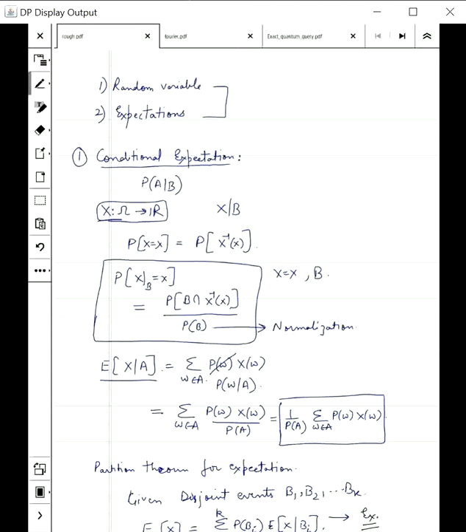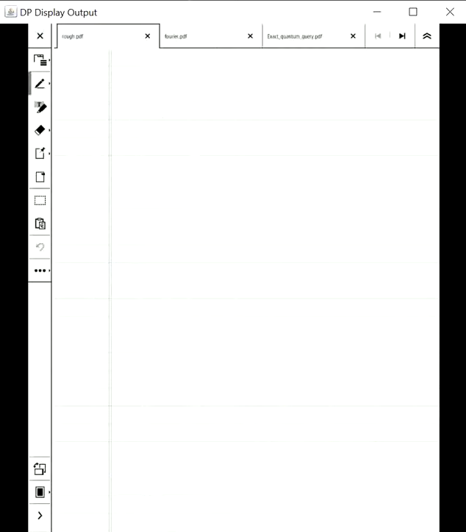Let's see a small application of this theorem. Suppose a miner is stuck in a mine. He has three options. He sees three doors in front of him: door 1, door 2, door 3.